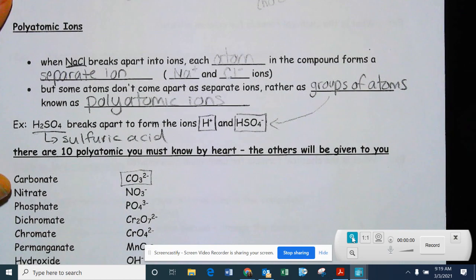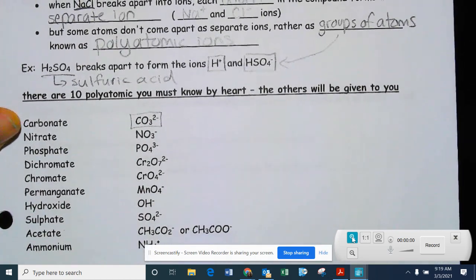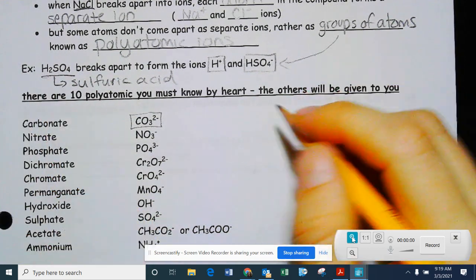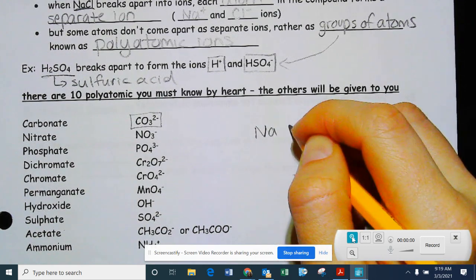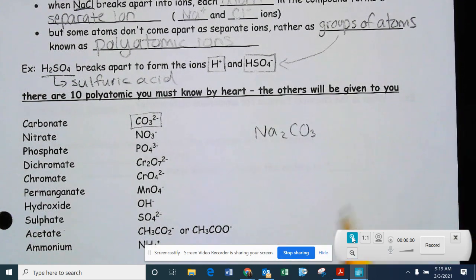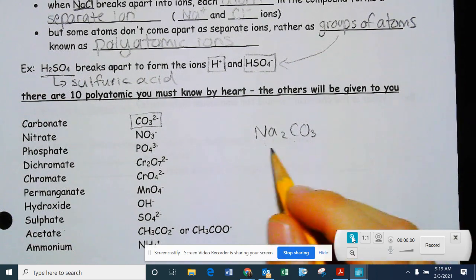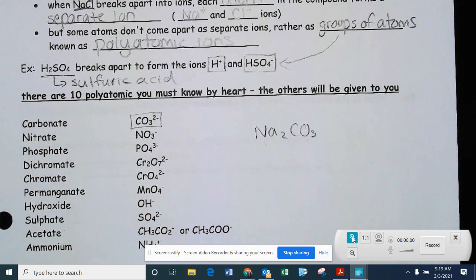Polyatomic ions can look a little bit confusing for people when they're in a formula, like H2SO4, or sometimes we would see Na2CO3, and I might ask you to name that, and people start freaking out, like, sodium carbon-oxide. But whenever you see a bunch of different atoms, in general that means you've got a polyatomic involved.